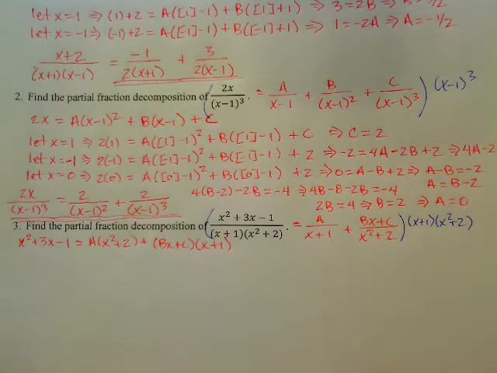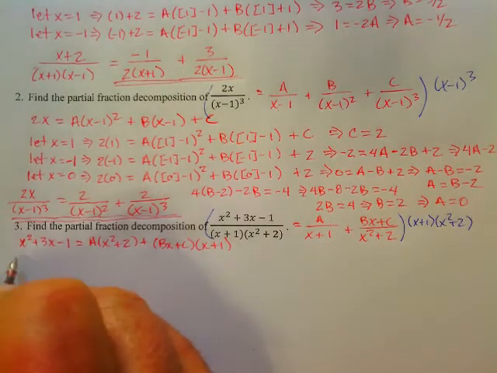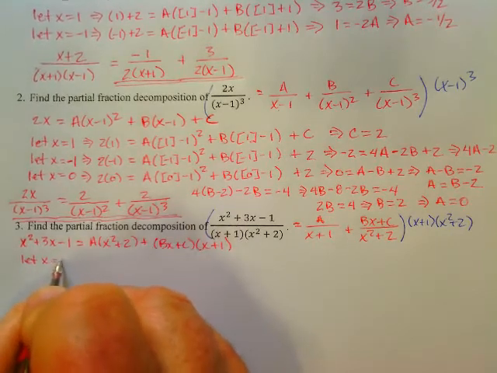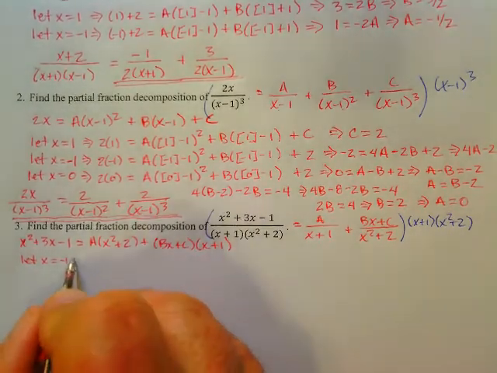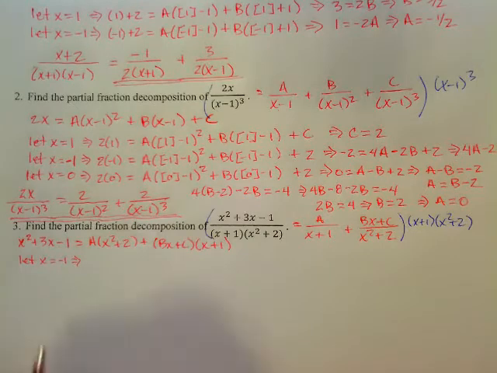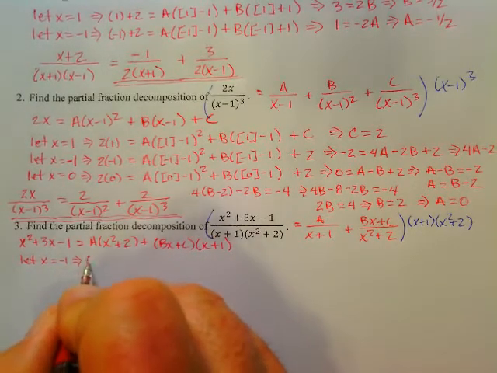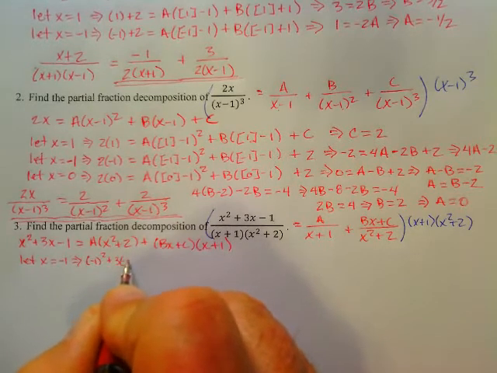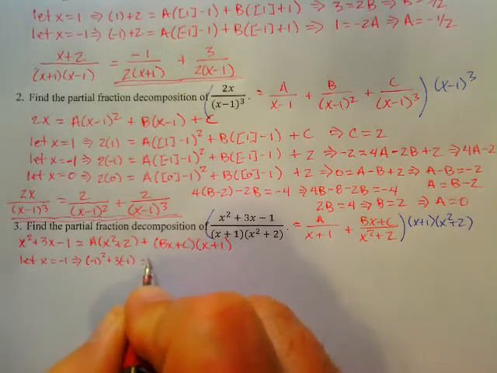All right, so let's go ahead and let x equal -1. So first over here, we're going to have -1 squared plus 3 times -1, subtract 1.